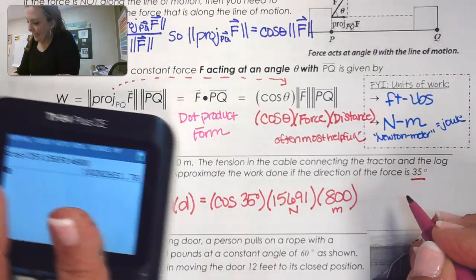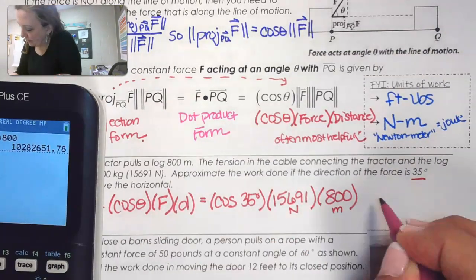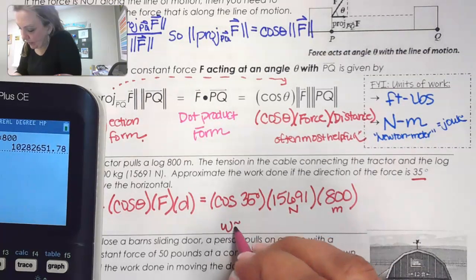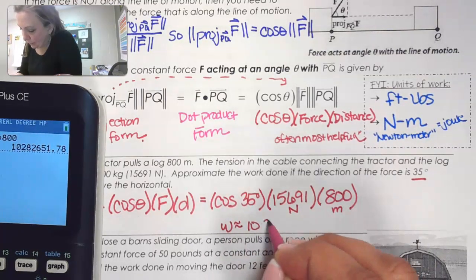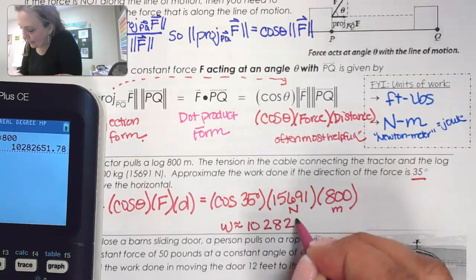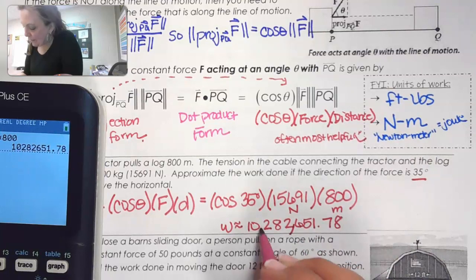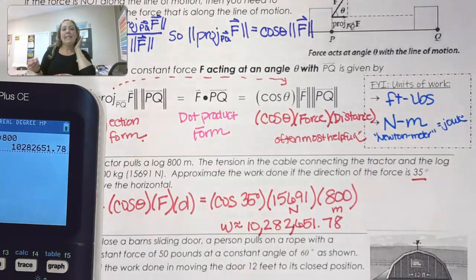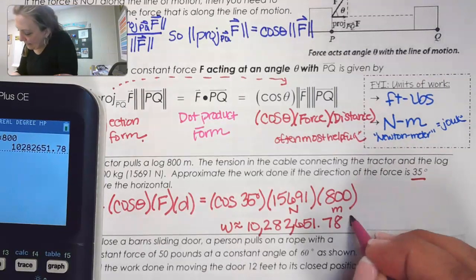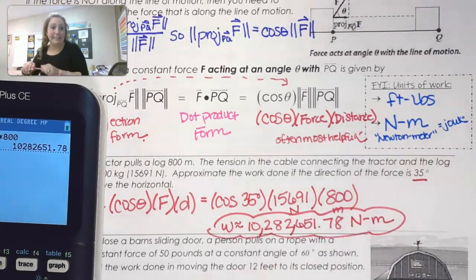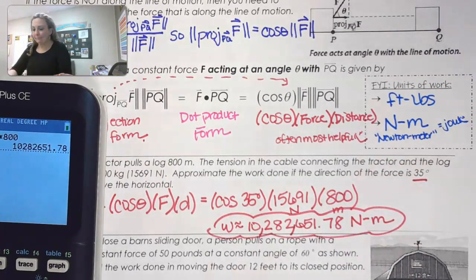So what we're going to say is our work is 10,282,651.78. And then my unit would be newton meters. That's it, okay? So these aren't really that bad.